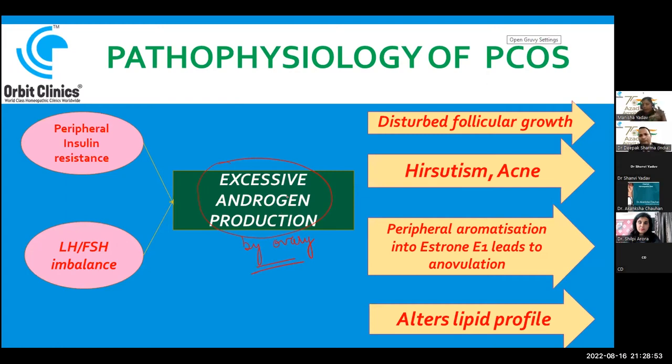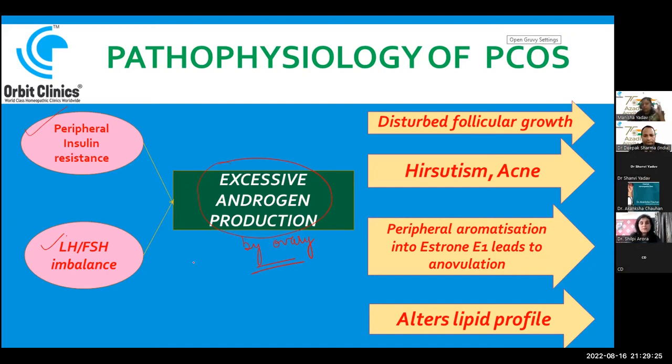Why does this ovary start producing an excess amount of androgen? What will be the reason behind it? There are many perspectives given, because its etiology is still not known, but there are various perspectives that there is either peripheral insulin resistance or imbalance in FSH and LH that will lead to excessive androgen.